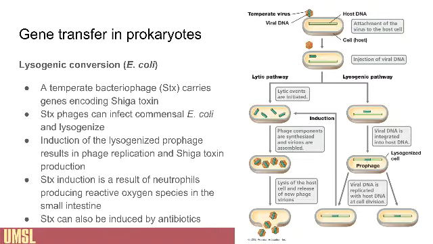Reactive oxygen species will induce lysogen activation into this lytic phase of viral replication. And when that happens, these cells that are now induced into this lytic pathway, in addition to viral replication, start overproducing Shiga toxin. And so this is part of what causes illness from certain pathogenic E. coli.